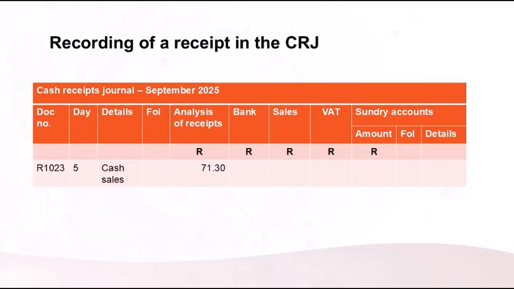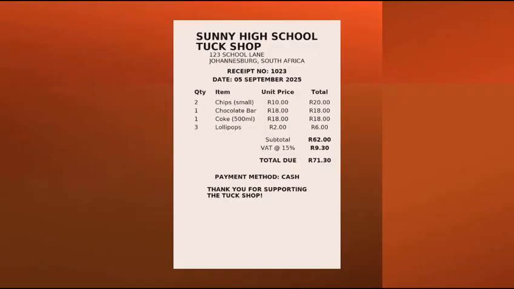So let's move on to our sales column. We need to go back to our receipt and find the amount that we need to record in our sales column. When a business is registered for value-added tax, they need to add 15% to the sales they make.